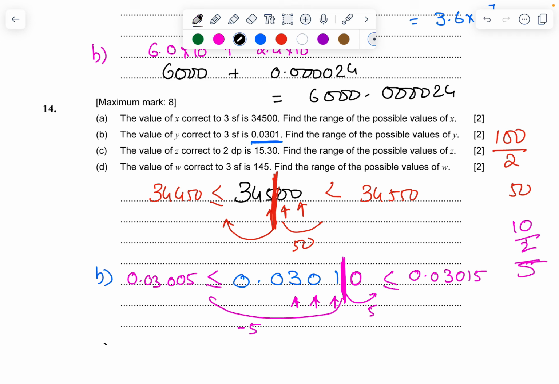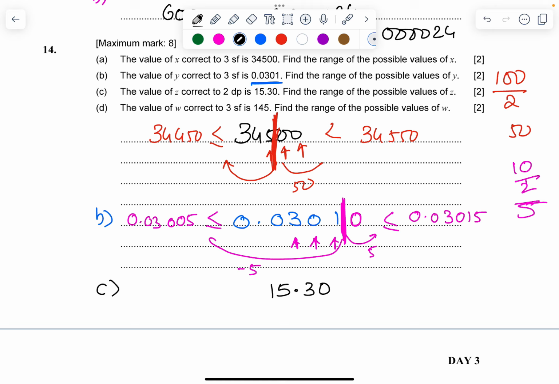Part C. The value of x correct to two decimal places, 15.30. Two decimal places. So which are the two decimal places? This is the first decimal place and the second decimal place. So over here, draw a line. It becomes again 0, so 10 divided by 2 is going to be 5.